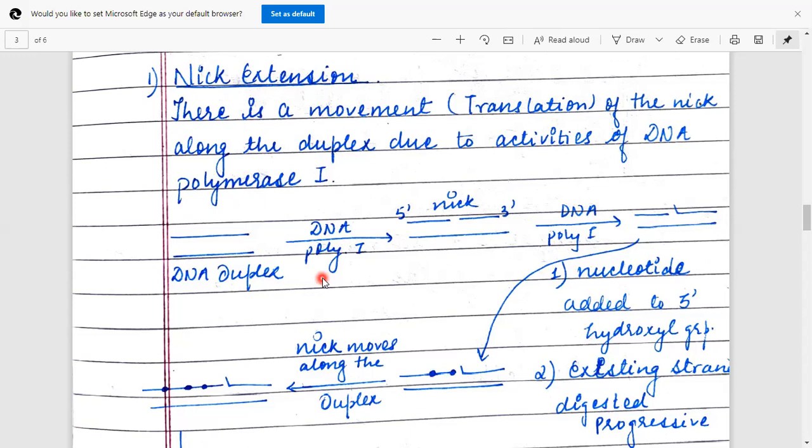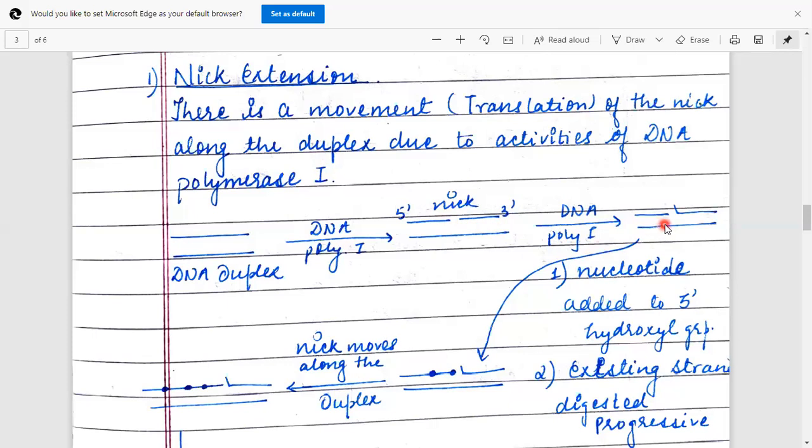So here a partial Nick is created at the single strand. Further, DNA polymerase will be incorporated via its action, and it will start adding, one by one, radio-labeled nucleotides.